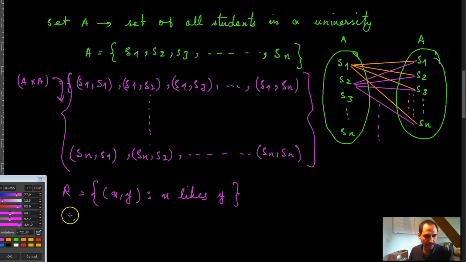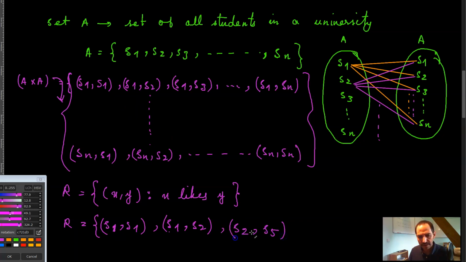Then your R will be S1 comma S1, and let's suppose that S1 likes S2 as well, S1 comma S2, and let's say that S of 2 also likes S of 5, and that's the only relationships that there are.